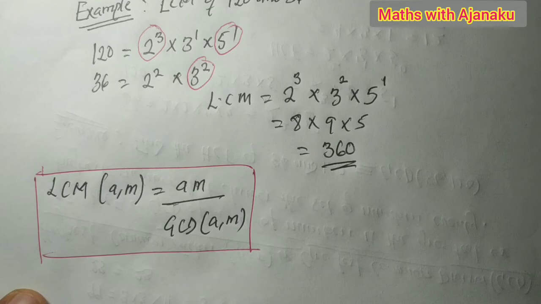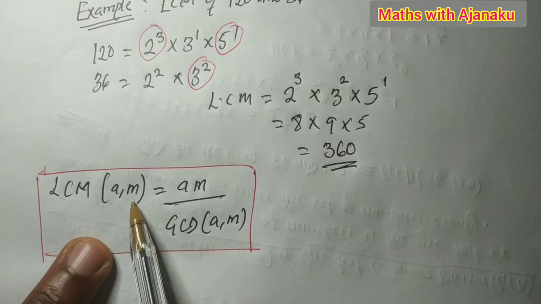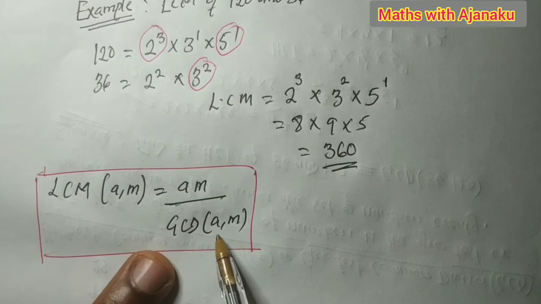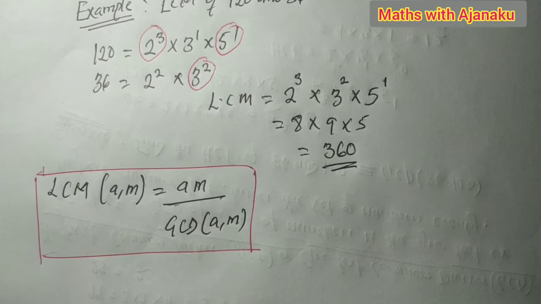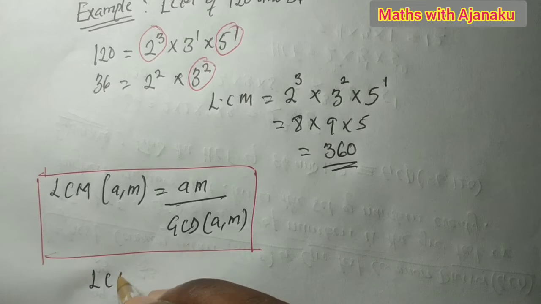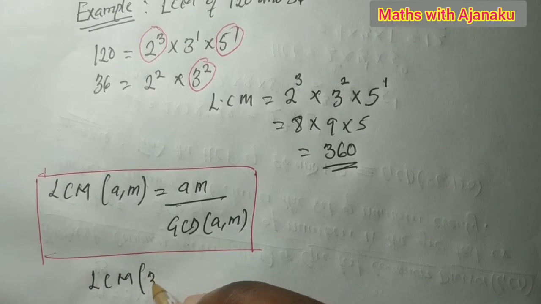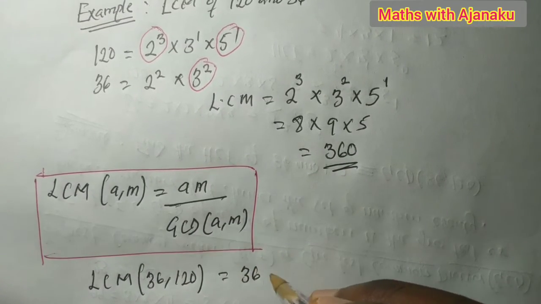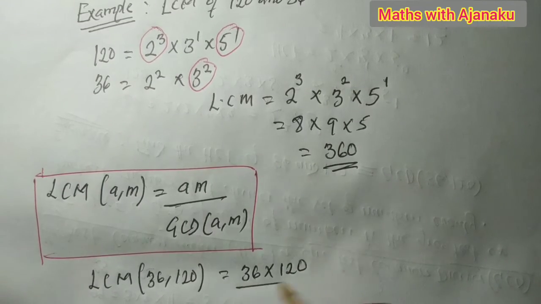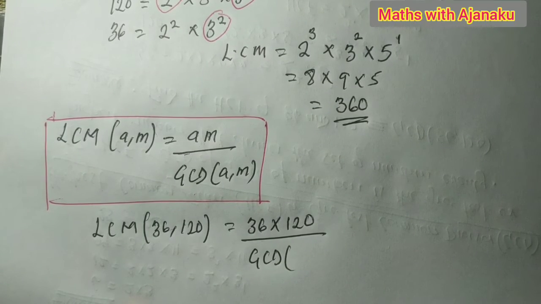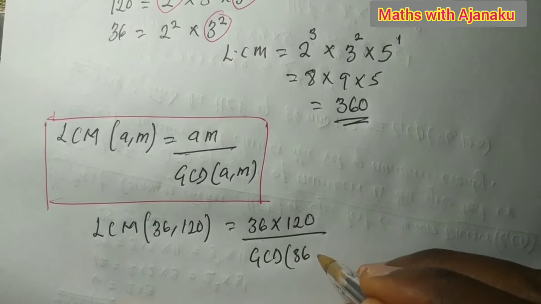We can deduce that the LCM of any given two numbers, say A and M, is equal to the product of the two numbers, A times M, over the GCD of A and M. Just as with the examples we've got, the LCM of 36 and 120 should give us 36 times 120 over the GCD of 36 and 120.